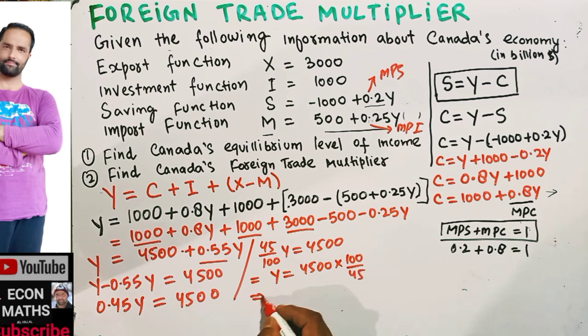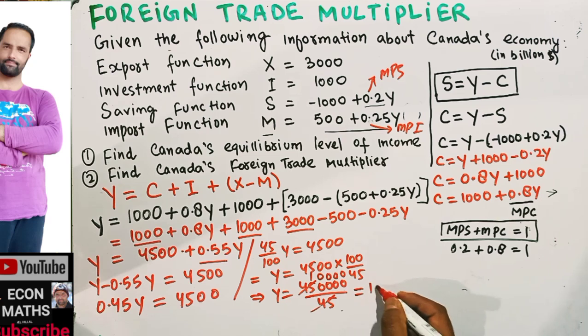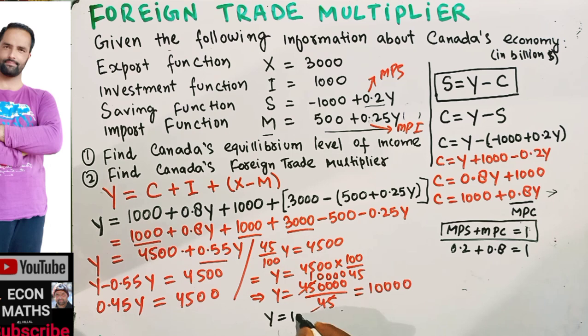So this will be equal to y is equal to, we have 45 divided by 45, so we are left with these zeros. That means y will be equal to $10,000. Okay, that means our equilibrium level of income will be equal to $10,000.